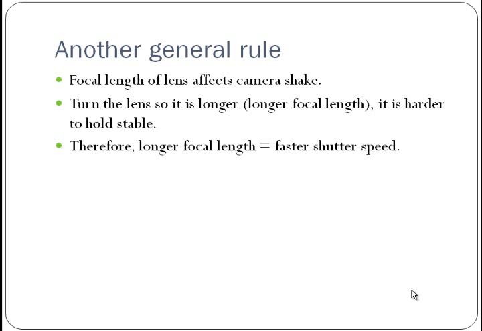That's much easier than if you have a very long stick that you're sticking out. That is much harder to hold straight. And so with longer focal lengths, you're going to have to use a faster shutter speed to adapt for the camera shake.